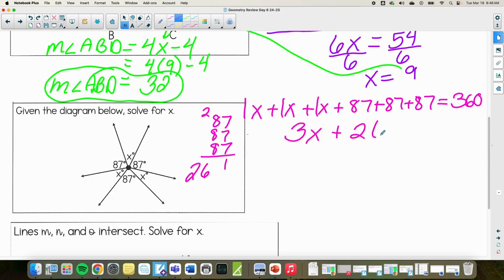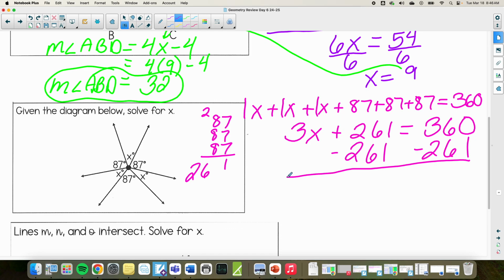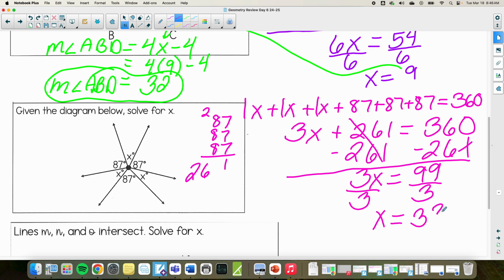So that would be 3x plus 261 equals 360. Then I'm going to subtract 261, and I get 3x equals 99, divide by 3, and that would be 33.